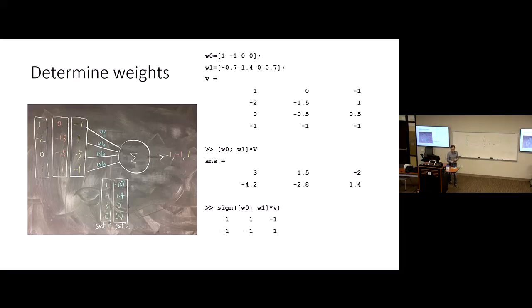I also need to train on more data. For the second input, input 2 is 0, 1.5, -0.5, -1. The output I expect is, again, -1.